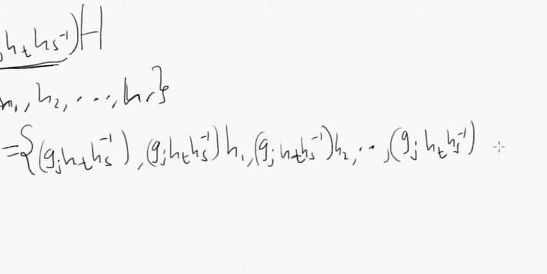So that's really what this coset is, if we write GI in this way, GJ HT HS inverse.